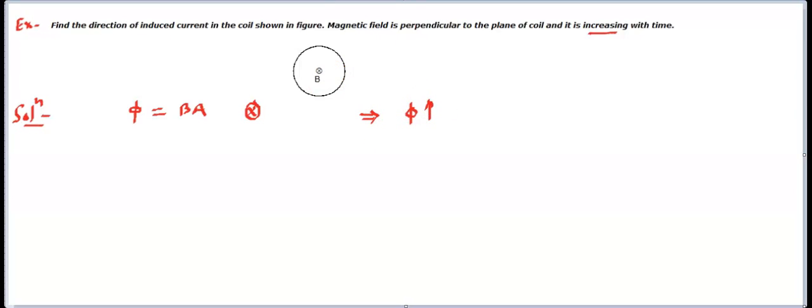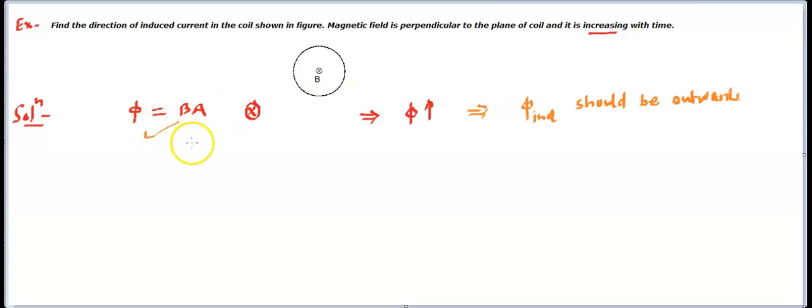So that means what we are going to now find out is that the induced flux, so that means flux due to induced current, should be opposite to this. So since this is into, this should be outwards. Why we are targeting this as outwards?